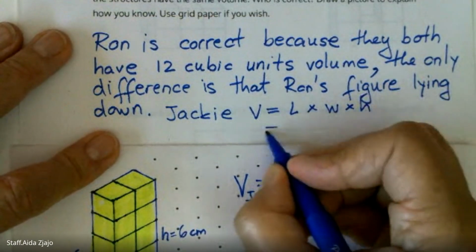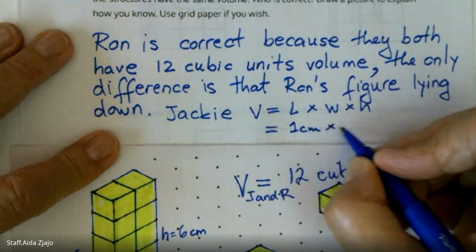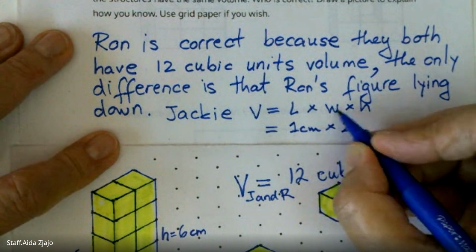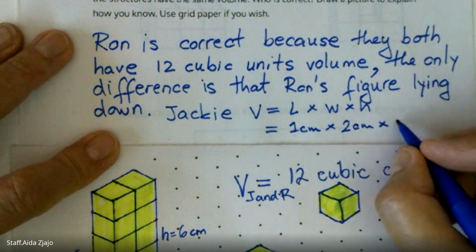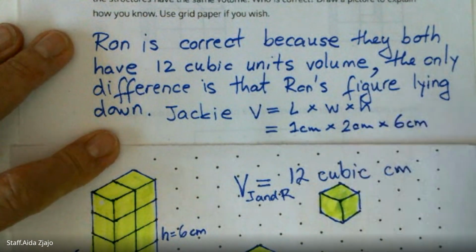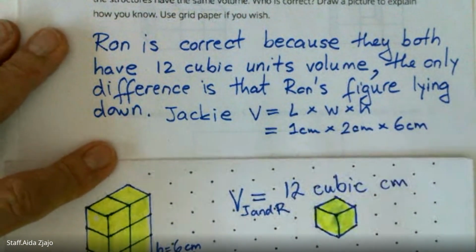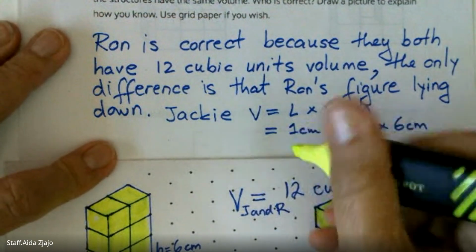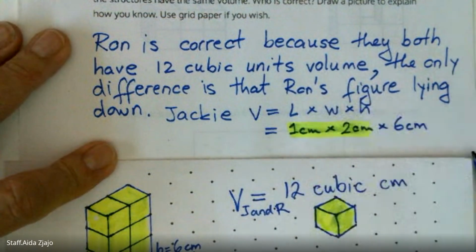Jackie's length is 1 centimeter, the width is 2 centimeters, and the height is 6 centimeters. So the base is 1 times 2 cubes, and the height is 6 centimeters.